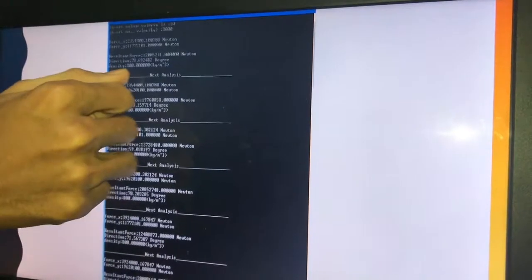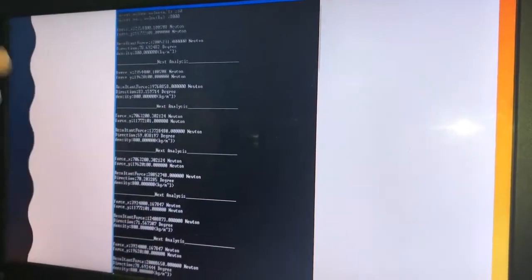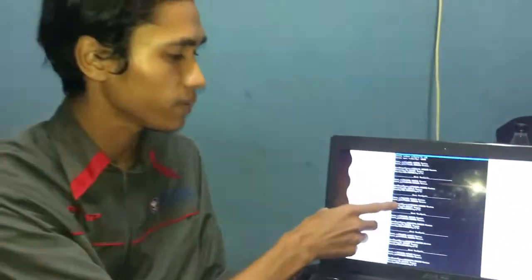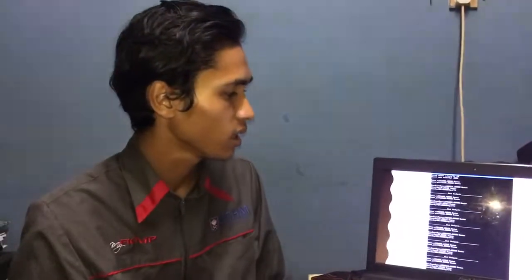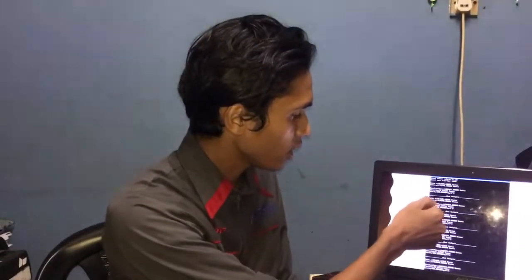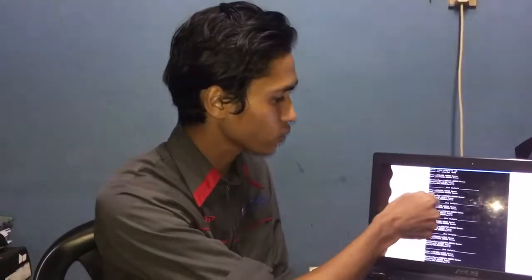This density is fixed for the next analysis, as I set my program to run 8 analyses, all using the same density value. I will explain just one analysis.